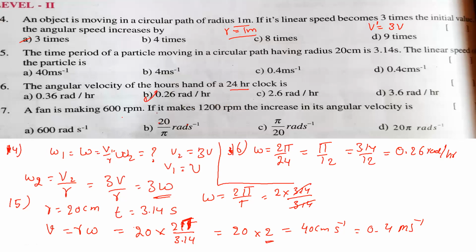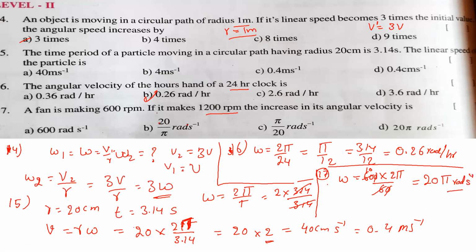Next one. A fan is making 600 revolutions per minute. If it makes 1000 revolutions per minute, then the increase in its angular velocity is, you need to find out. So the 17th problem. See, children, this is not given data. Given omega is equal to 600 revolutions per minute, means we can write 2 pi by 60. So cancel the zeros, 6 ones are 6, 6 tens are 60, so you will get 10 into 2, 20 pi radian per second.